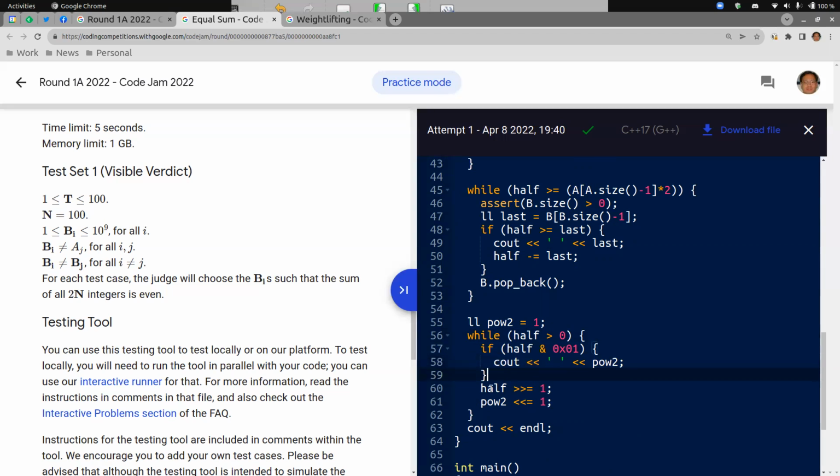Then in the next iteration, I divide half by 2 to get rid of that least significant bit, and I multiply my power of 2 by 2. So that's how I do it. And that's it. This is a standard decimal to binary conversion routine.